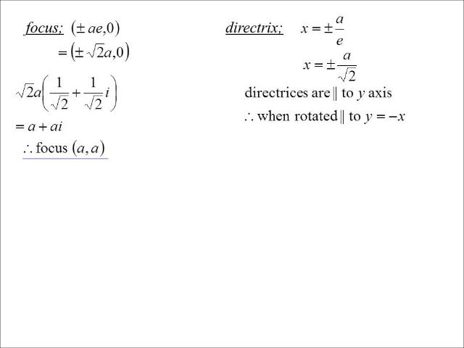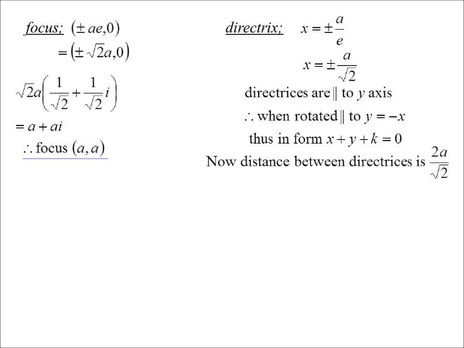If I rotate it 45 degrees, and we were going, hang on, which way did we go? We went anti-clockwise. So now they'll be parallel to y equals negative x. So I know the slope of the directrix in the new position will be negative 1. In other words, the equation will be x plus y plus some constant is equal to 0. Just got to work out what that constant is.